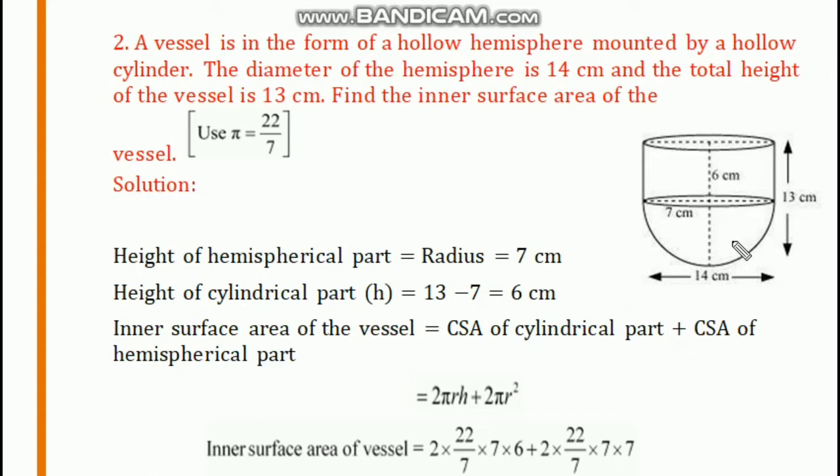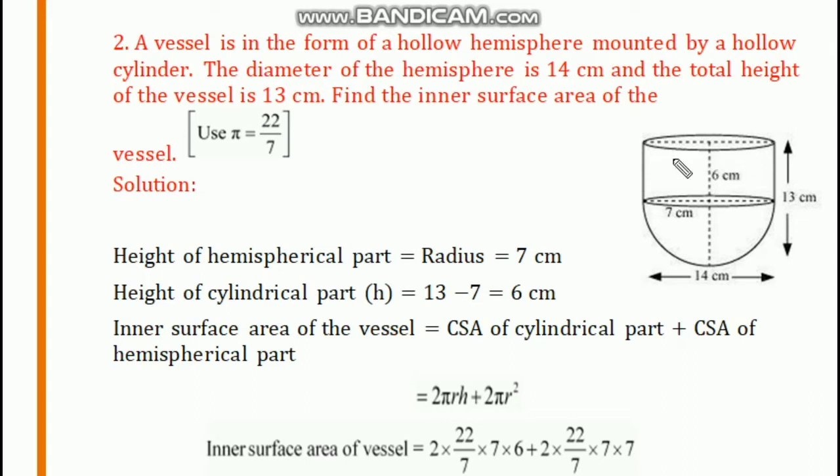At the same time, the total height of the vessel is given as 13 centimeter. That means, what is the height of the cylinder? The height of the cylinder is 13 minus 7, because for the hemisphere the height and radius are the same. So 13 minus 7 is 6 centimeter.